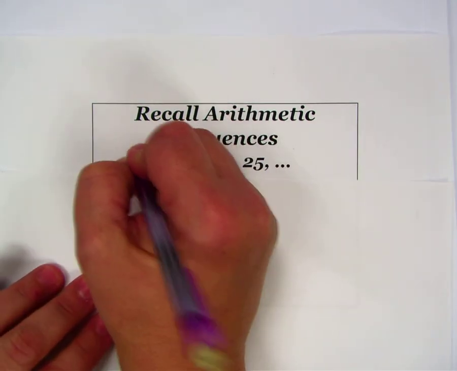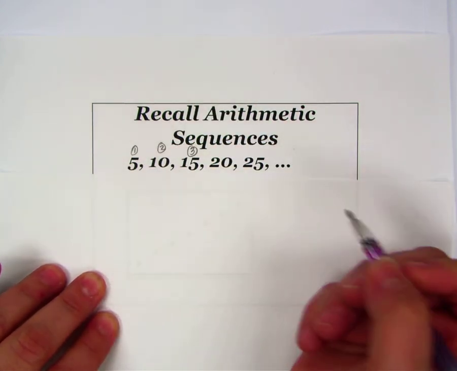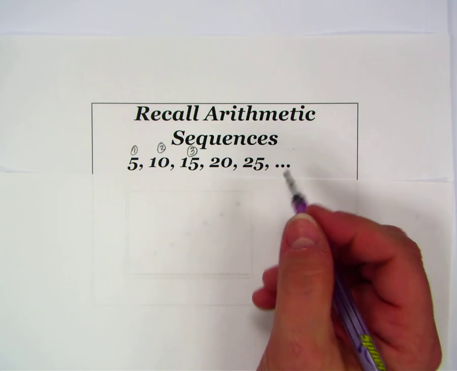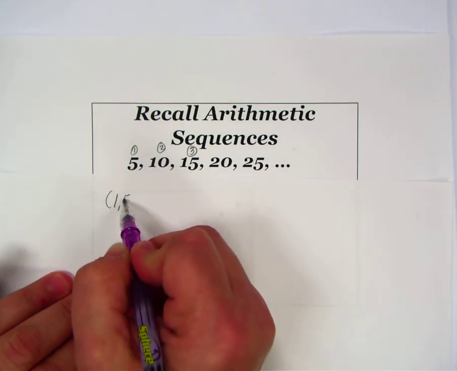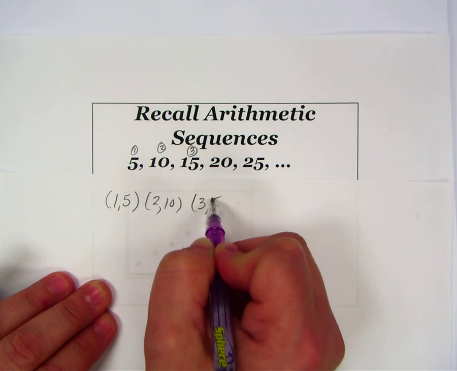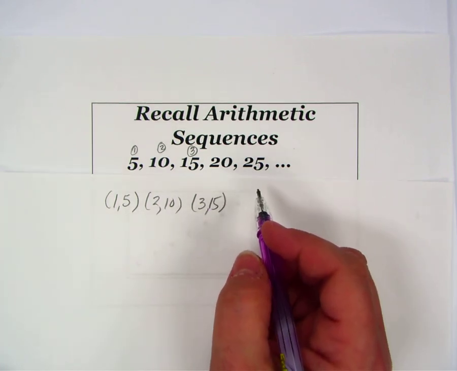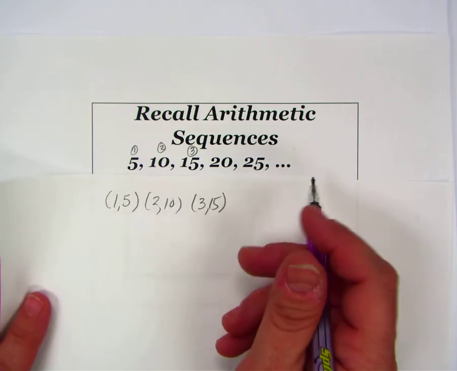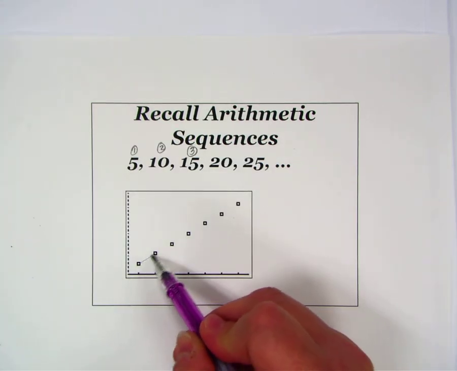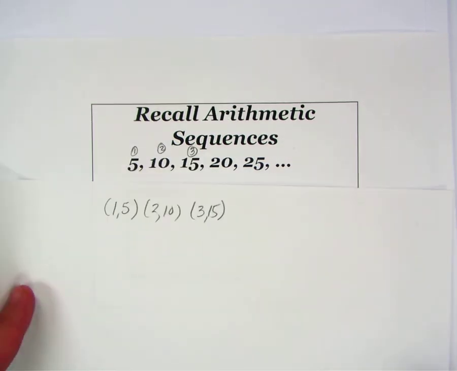The first term is a 5, the second term is a 10, the third term is a 15. If I think of those as ordered pairs, 1, 5, 2, 10, 3, 15. If I graph those, I'm going to get a line. That's a linear relationship.